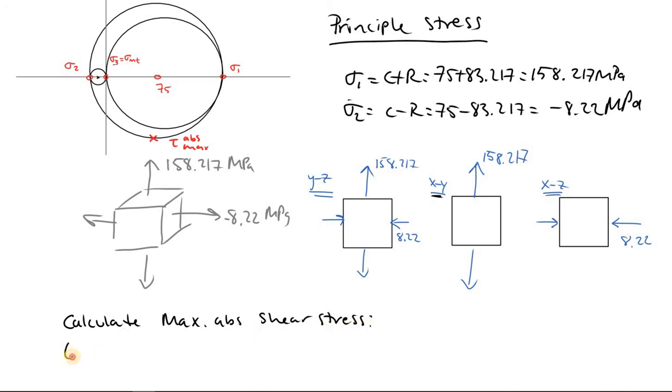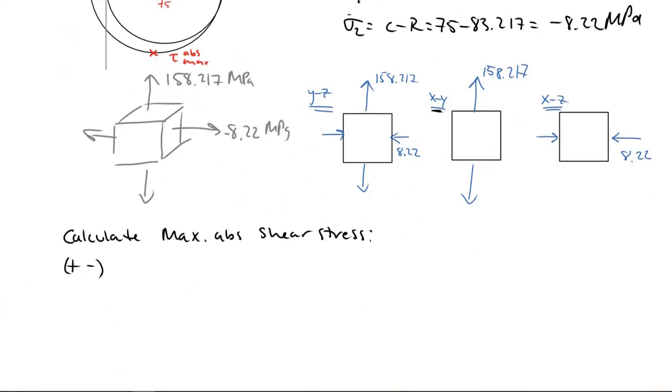If our principal stresses have opposite signs, so plus and minus, then we can use the following formula: the shear stress equals our principal stress 1 minus our principal stress 2, divided by 2.